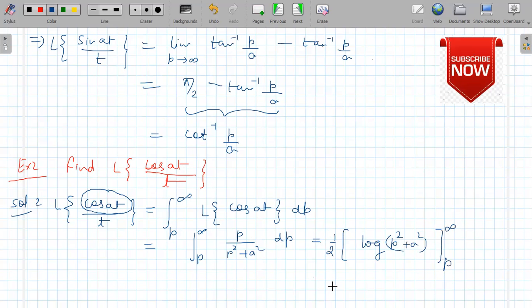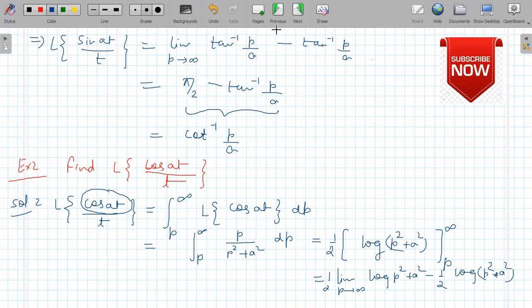Again, we take the limiting value of this expression: limit of 1 upon 2 log of p square plus a square minus 1 upon 2 log of p square plus a square. As you can see, this limit does not exist. So the value of this whole expression does not exist. Hence, the Laplace transform of cos at divided by t does not exist.